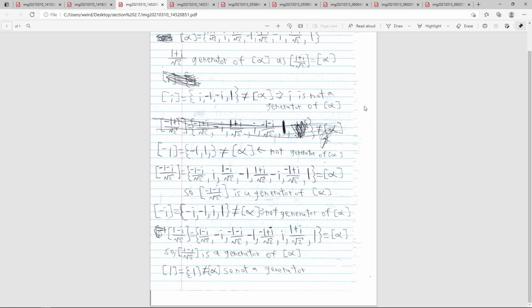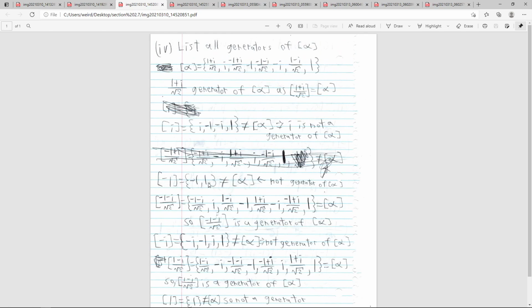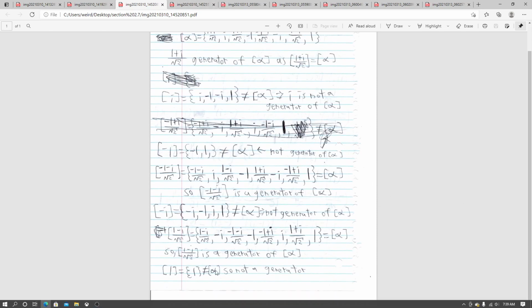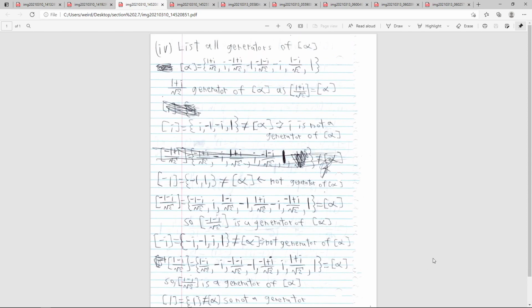So i is not a generator. Similarly, negative 1 won't be either, and negative i won't. And 1 won't. So there are 3 that we really have to test, the ones that are not so obvious, ones we have to pay attention to.